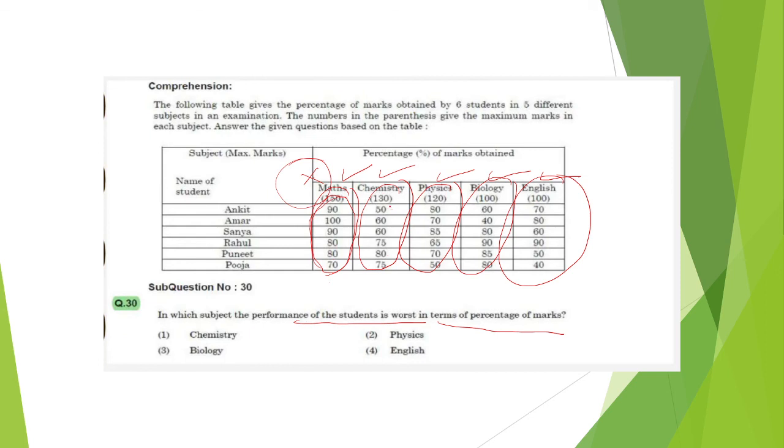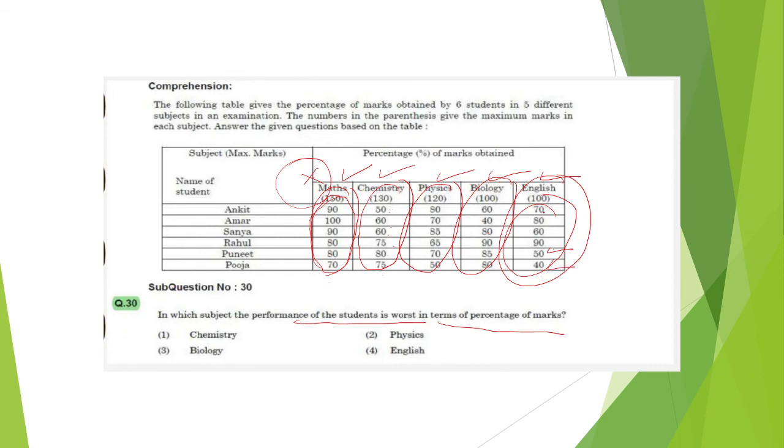We will compare chemistry with biology. But if we clearly observe, in English there are two subjects which are 50 and 40.